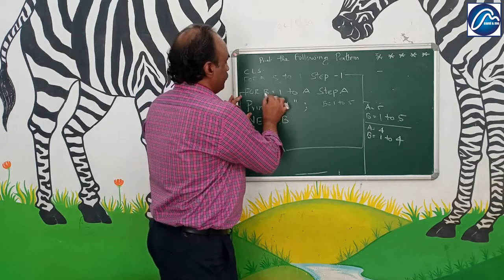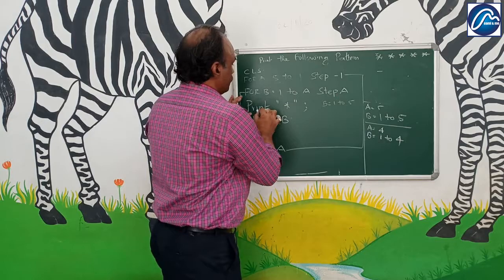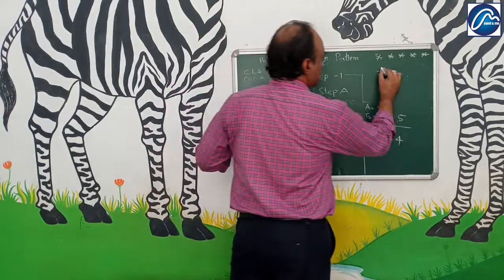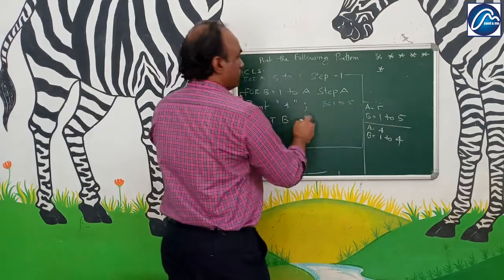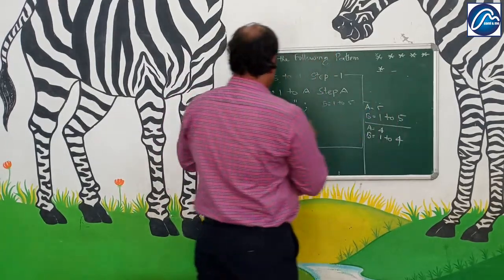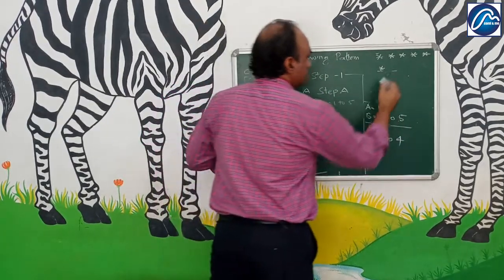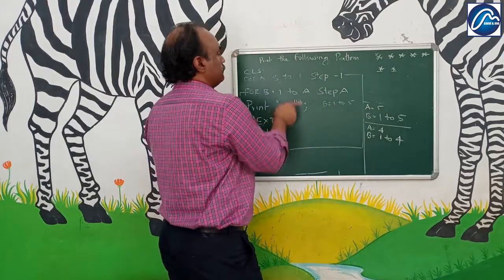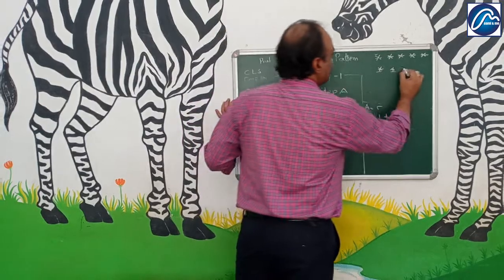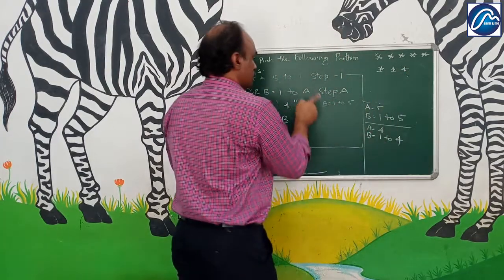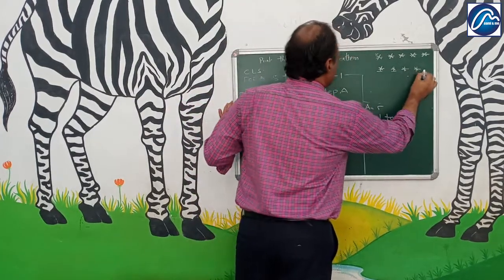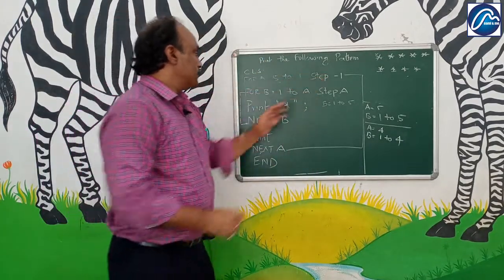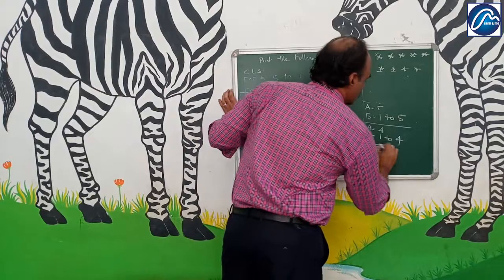Print for B will be equal to 1 to 4. Print asterisk is printed. Semicolon, the cursor remains here. Again it goes up, comes down, again B. What is the value of B here? 3. Then the printing takes place. 4 to 4. The execution of this level is over.